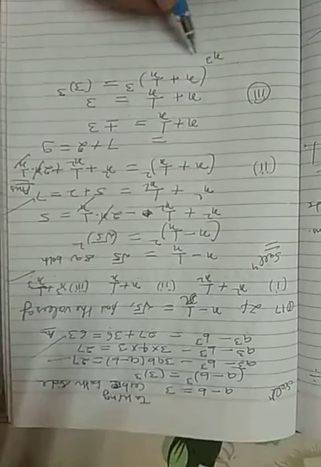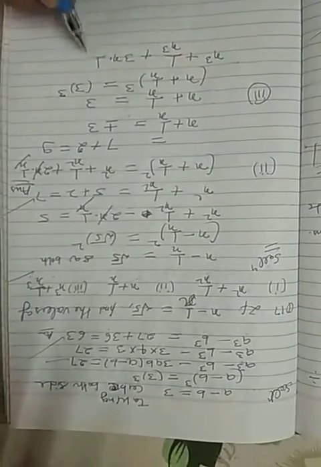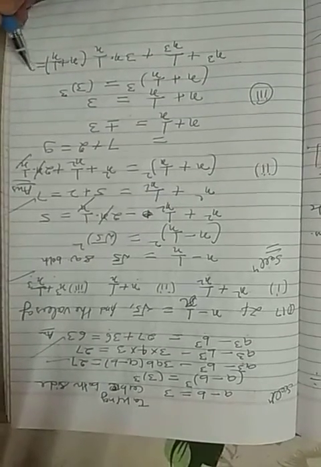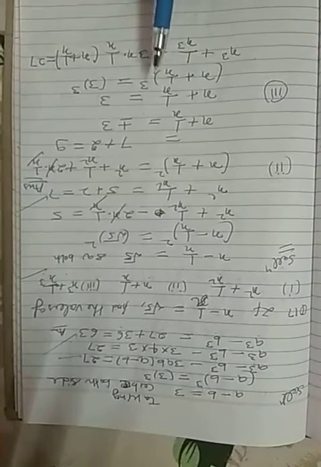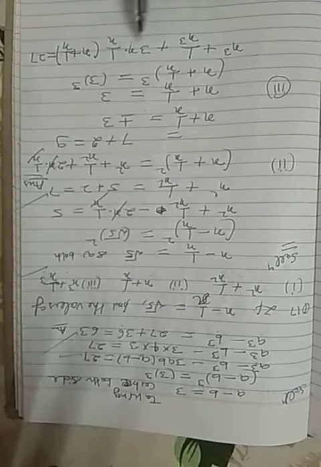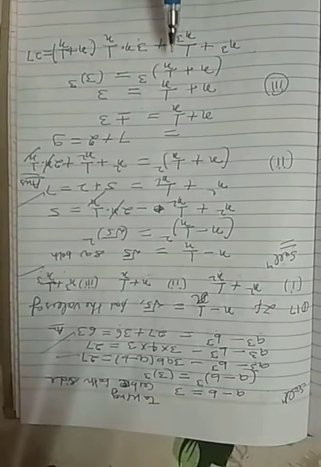So x³ + 1/x³ + 3 into x into 1/x within the bracket (x + 1/x), and 3 cubed is 27. Here the formula is (a + b)³ = a³ + b³ + 3ab(a + b), where a is x and b is 1/x.